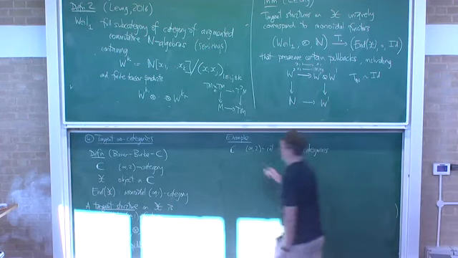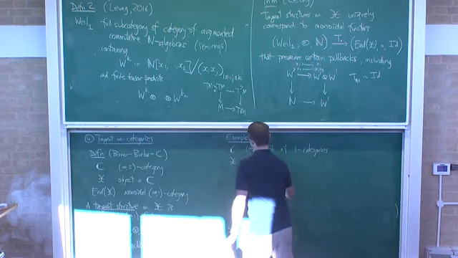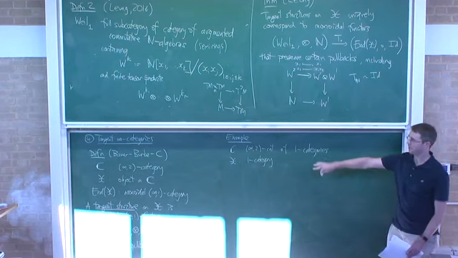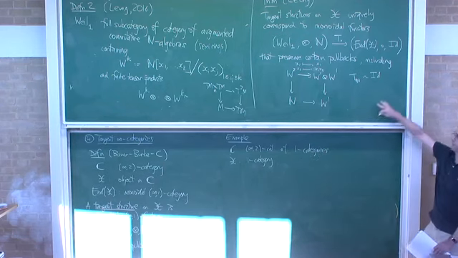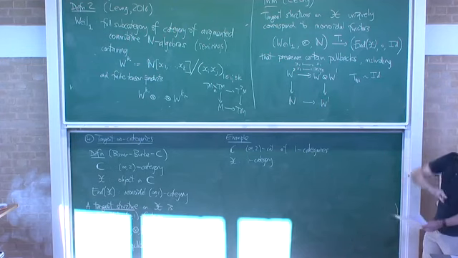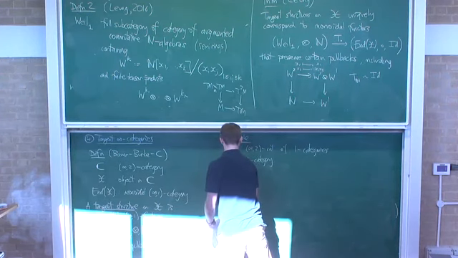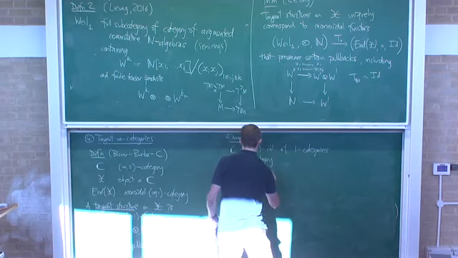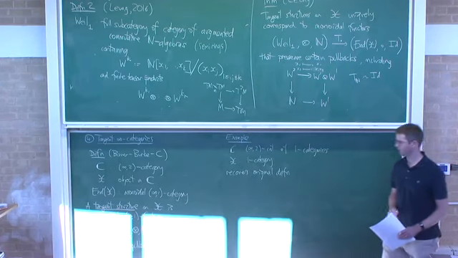And then X is a 1 category. And with that setup, a tangent structure on X, in this sense, agrees with the definition, or theorem, given by Leung. So this recovers the original definition.